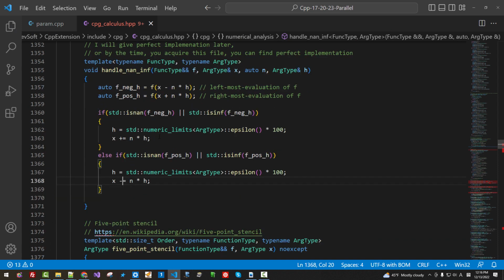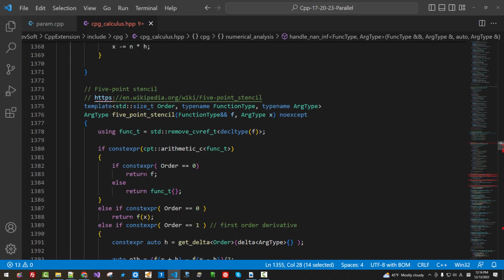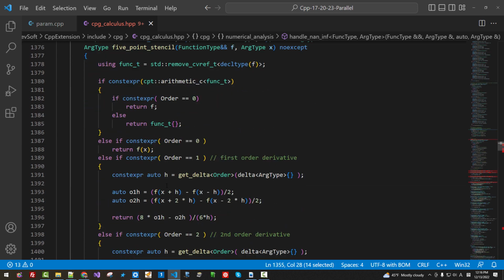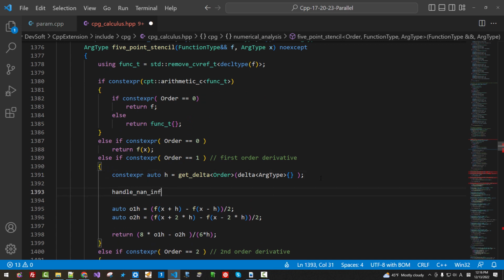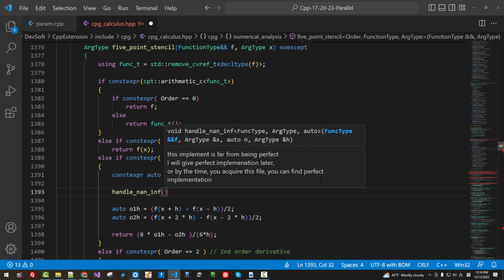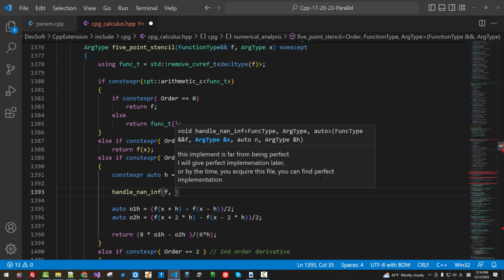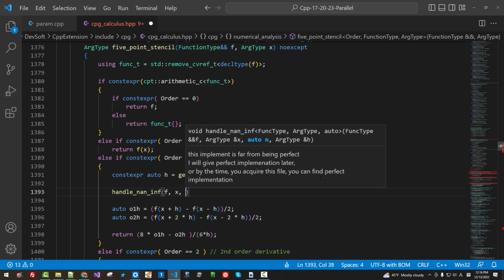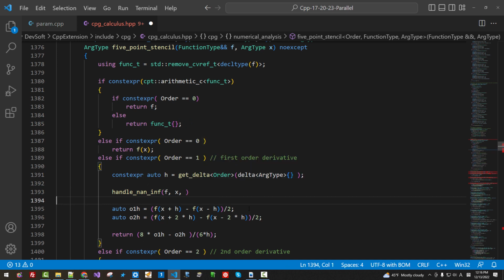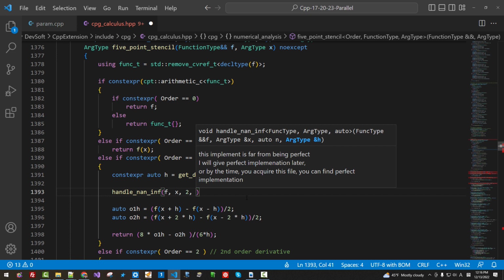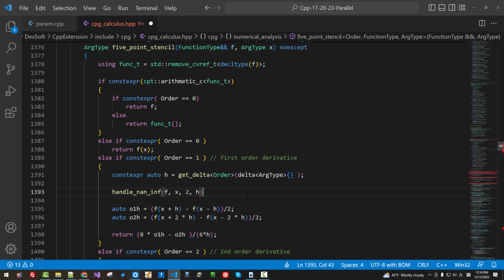Now with this, I copy, scroll down in the 5-point stencil. This is the first order derivative. We pass f, then x, then n. n is 2h, so we pass 2, then h. Please understand, we modify the value of x and the value of h.